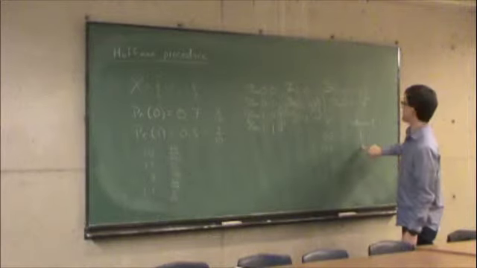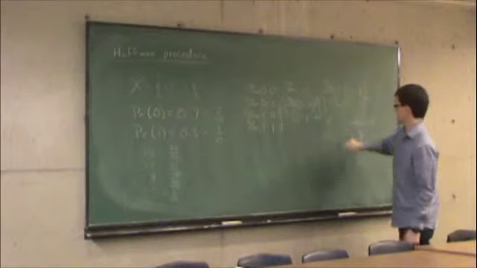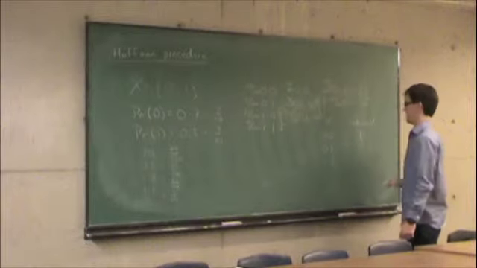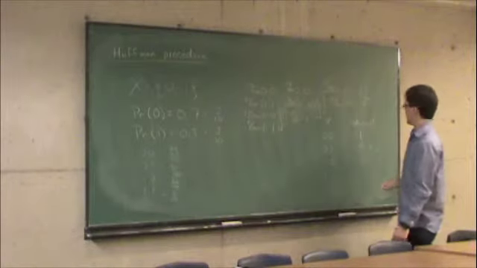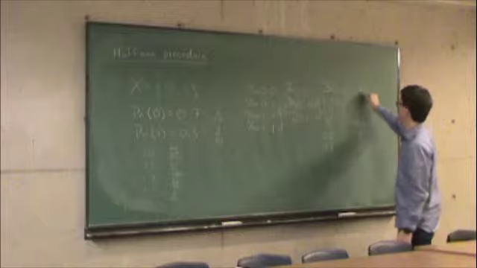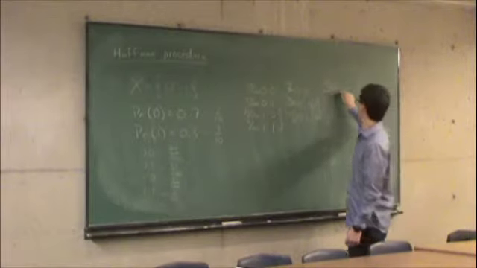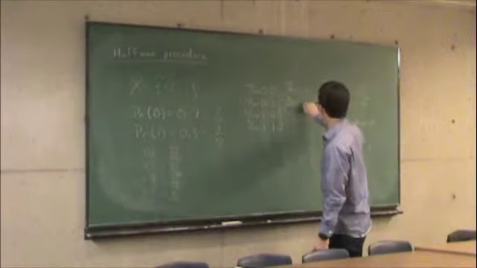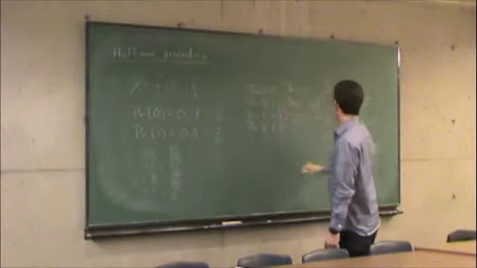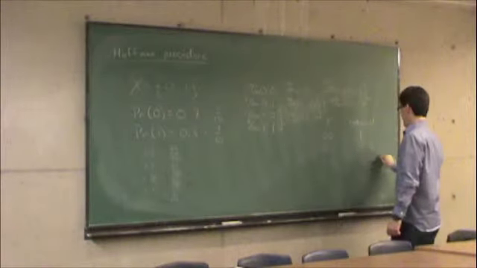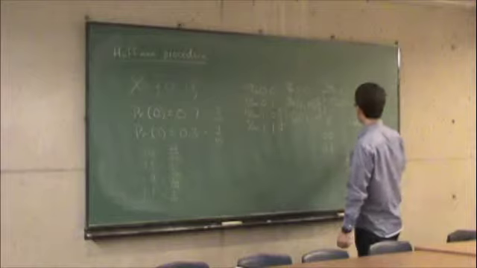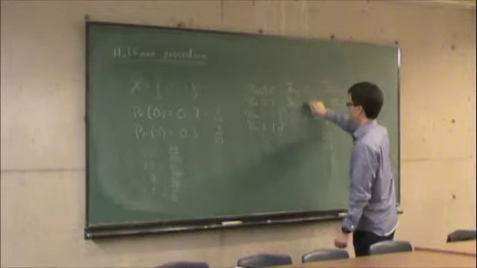Source letters 0,1, I assign 0,1. Source letters 1,0, I assign 0,0,0. And source letters 1,1, I assign 0,0,1.